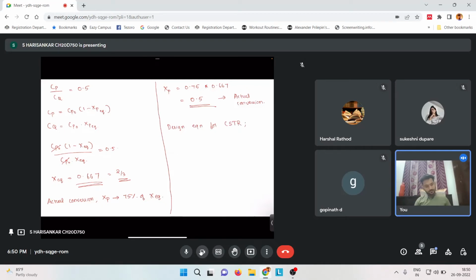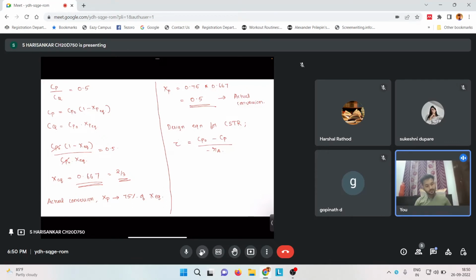So for the design equation, tau is equal to Cp0 minus Cp by minus Ra. What we need to find here is the space time tau. So now all we have to do is substitute all these values.